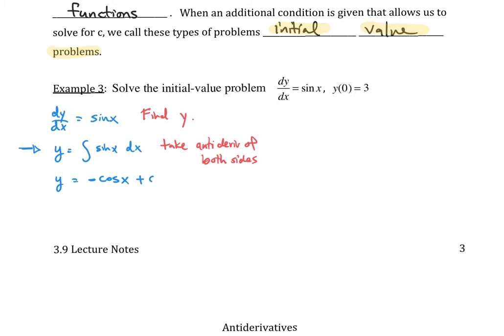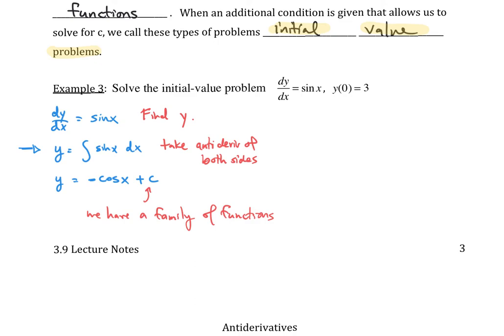So I'm going to put a plus c, and when I take the derivative of negative cosine of x plus c, I still get sine of x. So y is the antiderivative of sine of x, and because of that plus c, we have a family of functions.